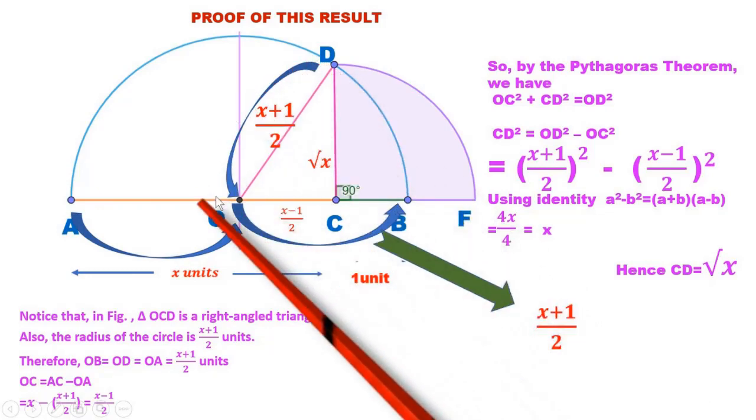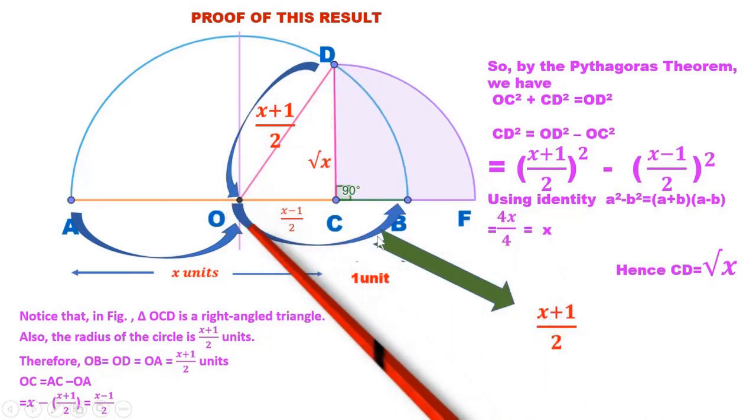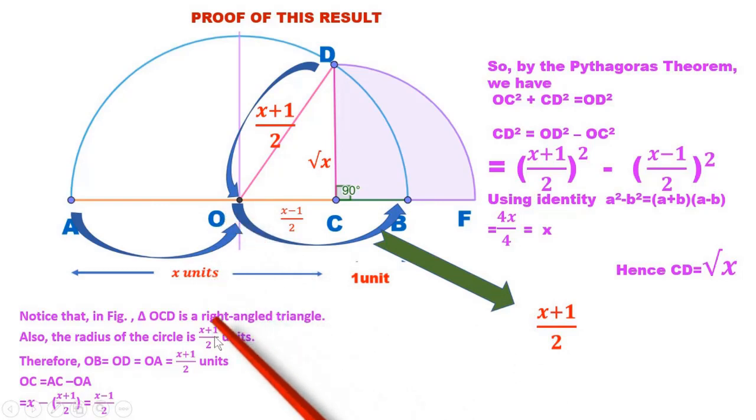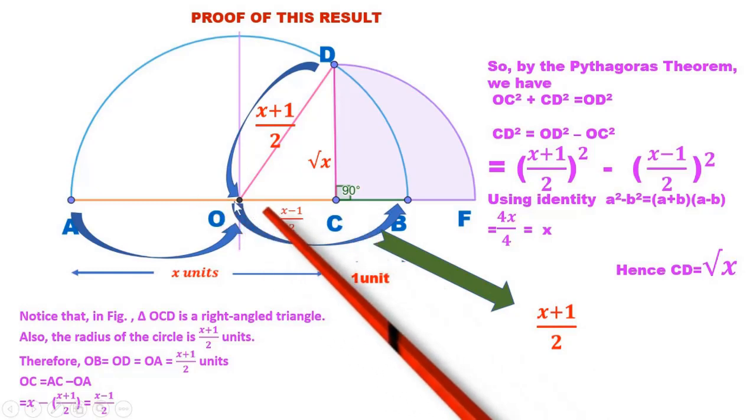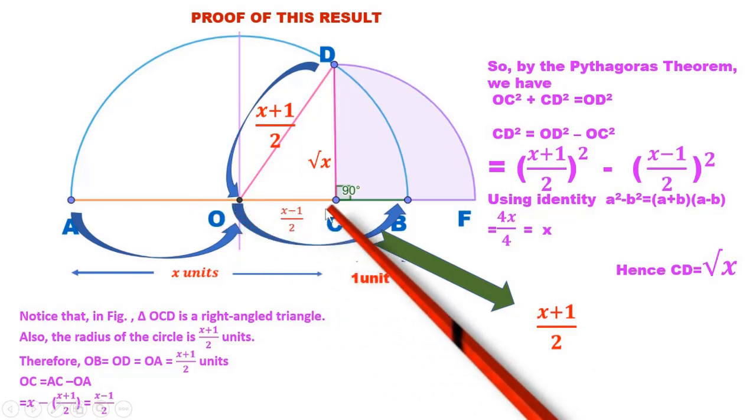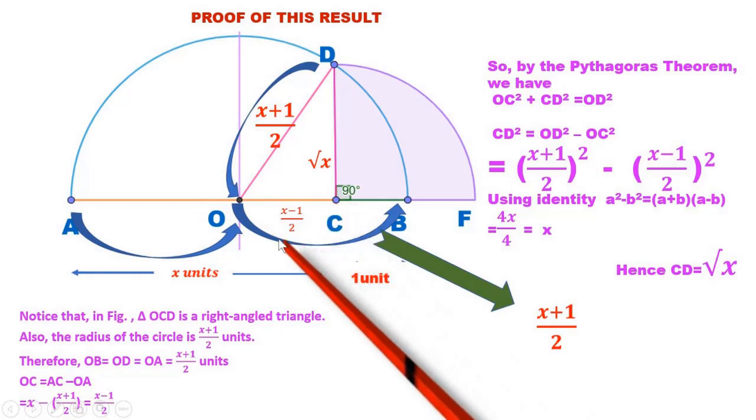These three are the radii of the semicircle with center O. Hence, OB is equal to OD is equal to OA, which is equal to (x plus 1) by 2. Now, the second step is to find OC. OC is one of the legs of the right triangle. Let us find OC.